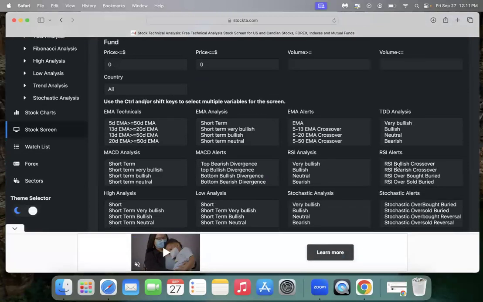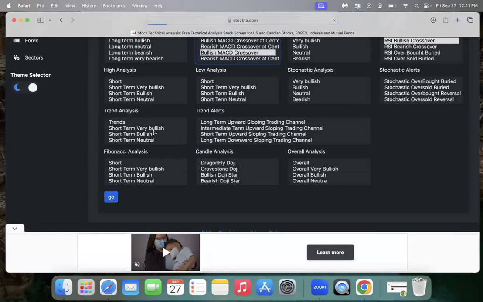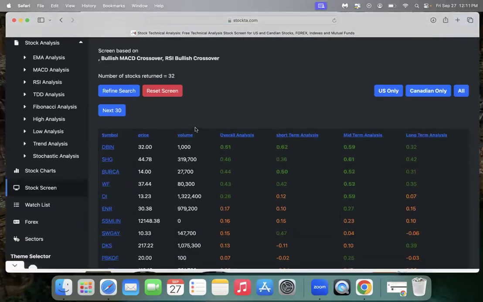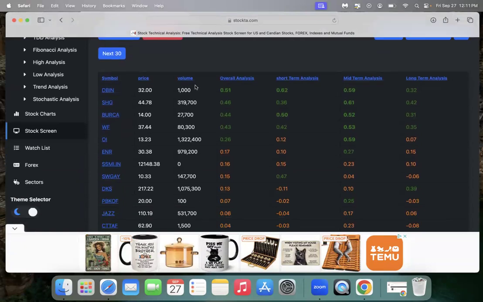So you can do RSI crossover. You can do MACD, bullish crossover. Let's just do 2 things and see what comes up. So you have 32 stocks that have a bullish MACD crossover and a bullish RSI crossover. So let's see.